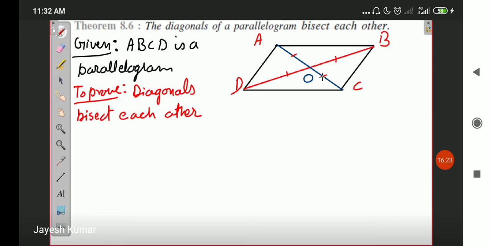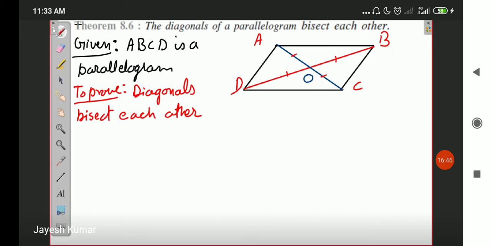But in case you need to prove something related to its diagonals, then you need both of its diagonals. If they are given to you, then you draw them as they are given. If they are not given to you, then you use that as a construction. Keep that in mind as we move on to the exercise.